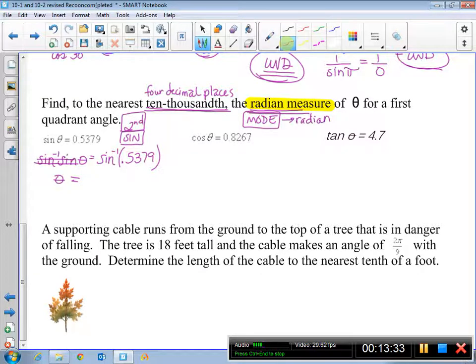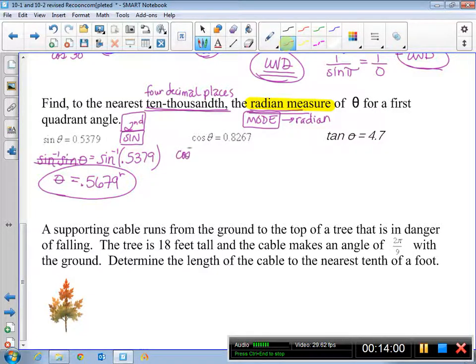Okay, radians. Second sine of 0.5379. You get 0.5679 radians. Put the little r there so you realize your answer is in radians. Okay, let's try the next one.